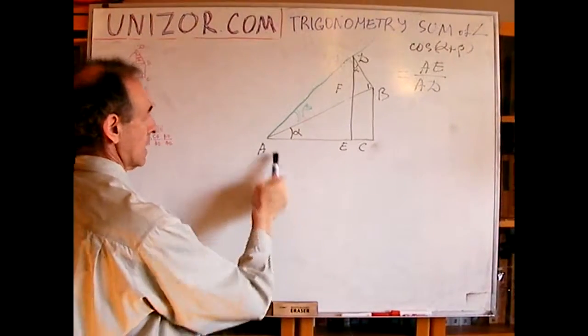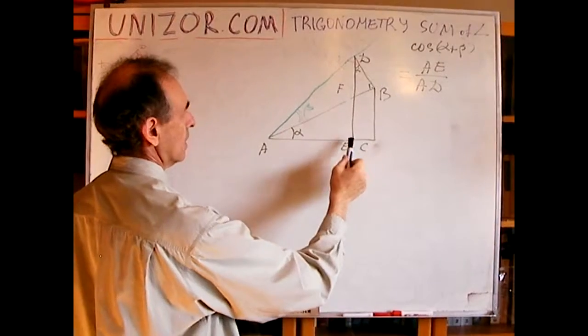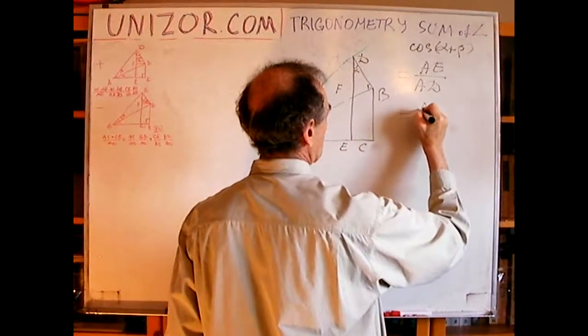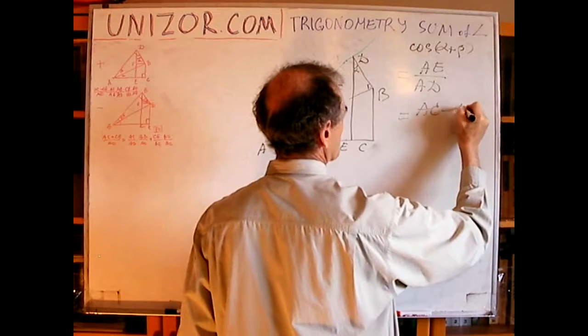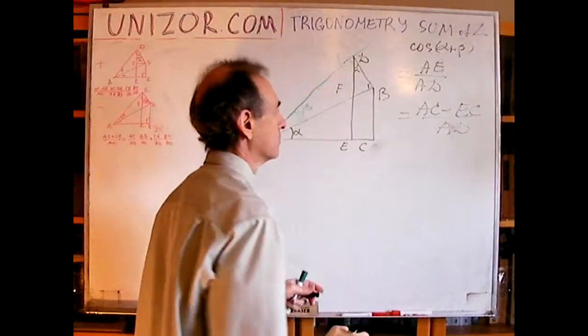And in this case, AE can be represented as a difference between AC and EC, right? So this is equal to AC minus EC over AD.